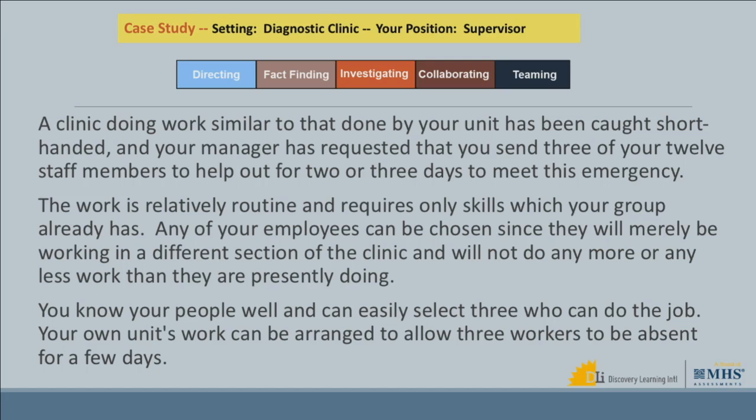And they won't be doing any more or less work than they are currently doing. You know your people well, and you can easily select the few who can do the job, and your own unit's work can be arranged to allow for these 3 workers to be absent. If that's the case, how best would you decide?